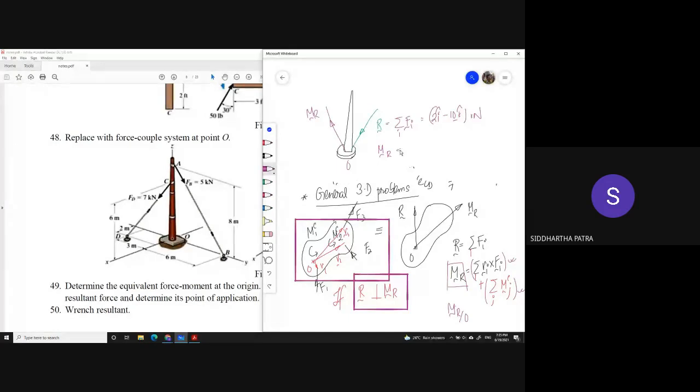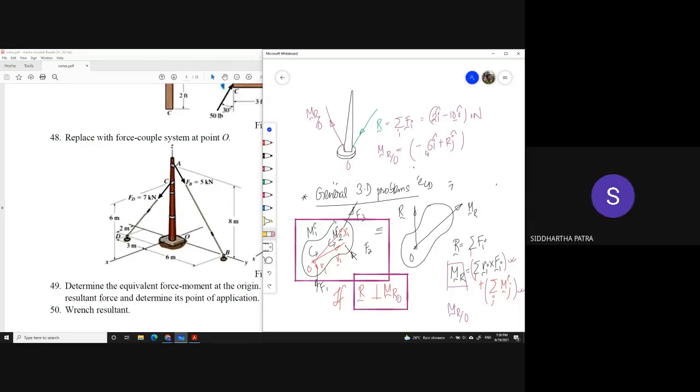Okay. And how much is the resultant moment? By the way, that is with respect to O. Please mention. Sir, it's coming minus 6i plus 12j.